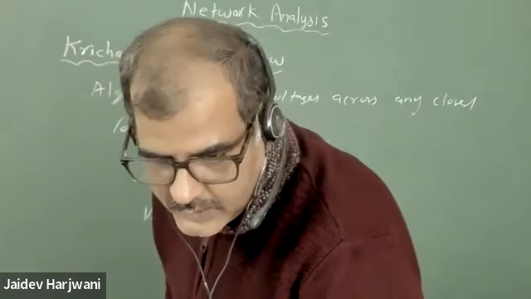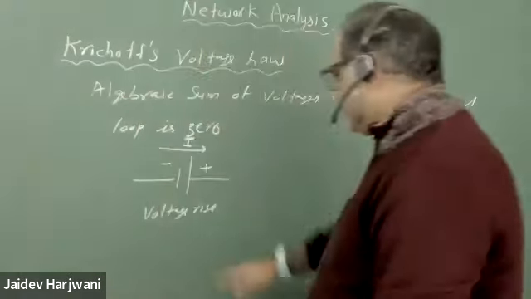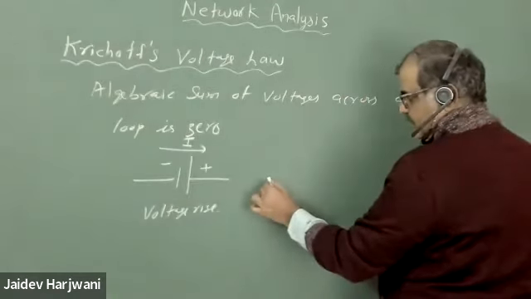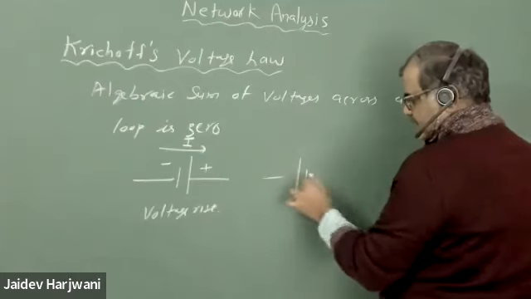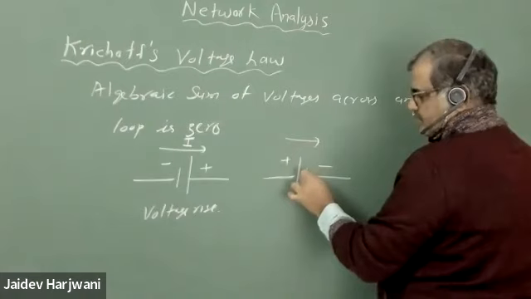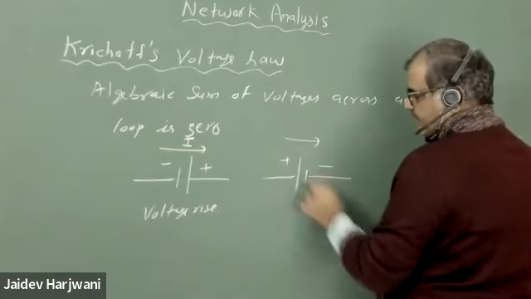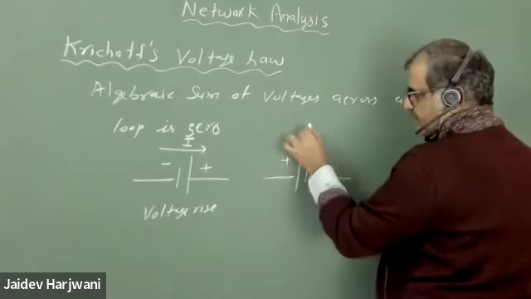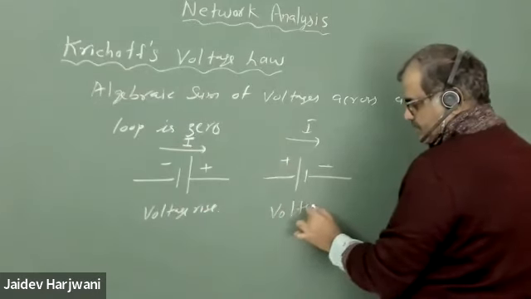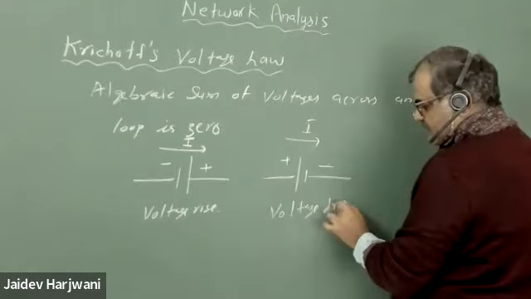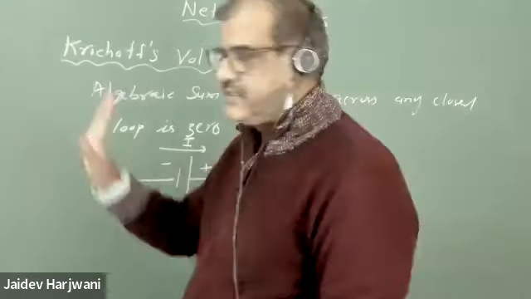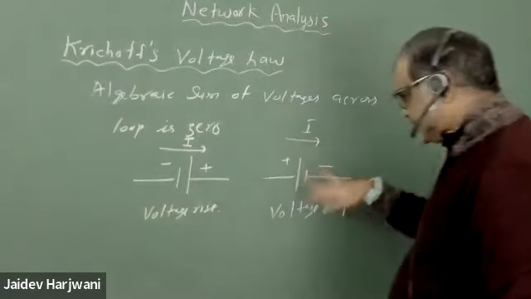So this is called your voltage rise. Now similarly, if you are moving in a circuit from a higher voltage to a lower voltage, that is called your voltage drop. Voltage rise means you are going from lower potential to higher potential, and if you are moving from higher to lower, that is voltage drop.